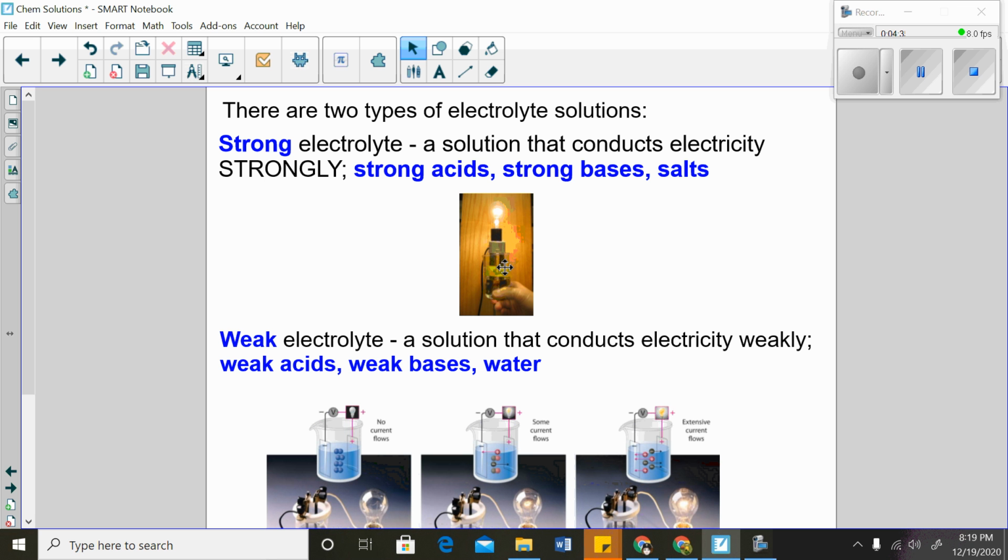The solution is conducting electricity very strongly, and you can tell because that light bulb is very bright. So what solutions might do this? The label says H2SO4, which is sulfuric acid, a strong acid. Also a strong base, something like sodium hydroxide, which is the foundation of something like Drano or Liquid Plumber, and then salts. Salt water, for example, would conduct electricity very strongly.